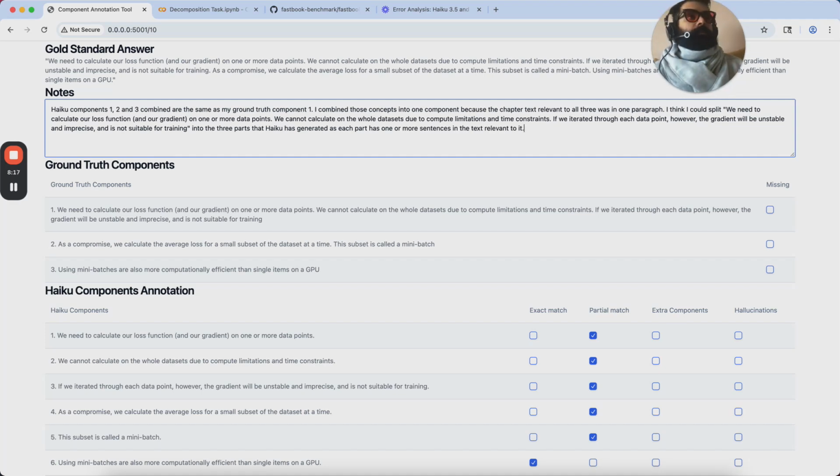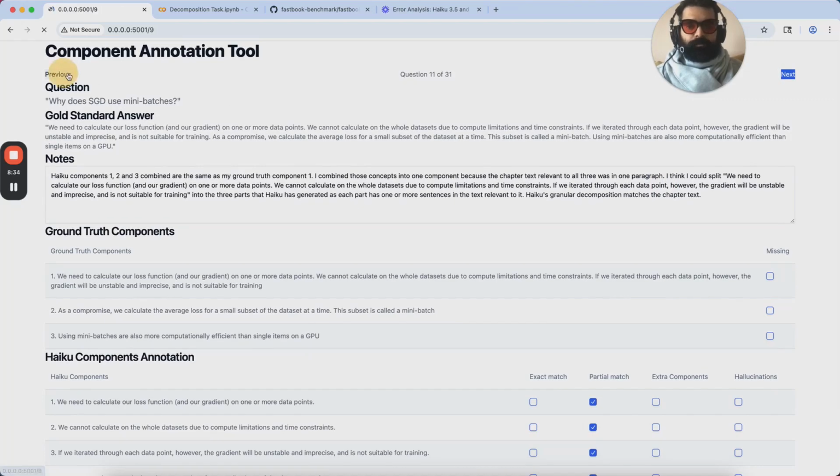So I think this is one case where Haiku's granular decomposition matches the chapter text. Cool.